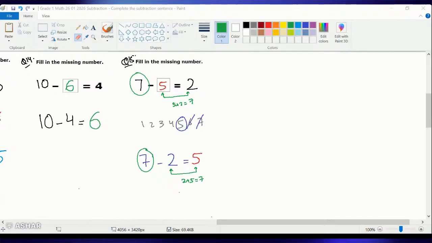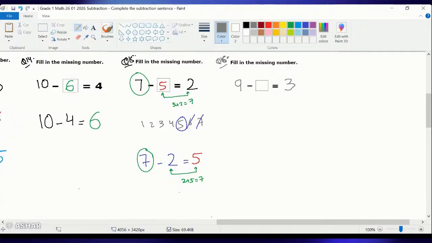If I change this and this, question number 16. So if I say 9 minus something is equal to 3.